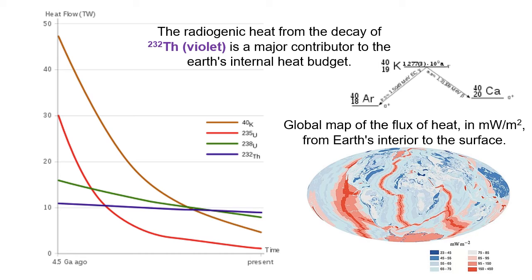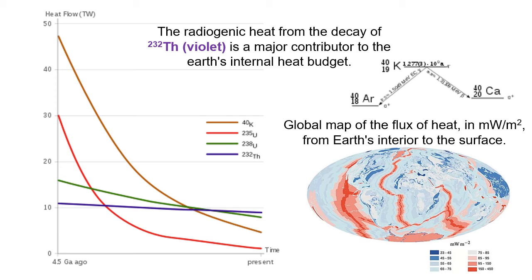Historically, the main contributor was potassium-40, but around 1 billion years ago, thorium became more important. And at current moment, the main contributor is thorium-232, and close second is uranium-238.